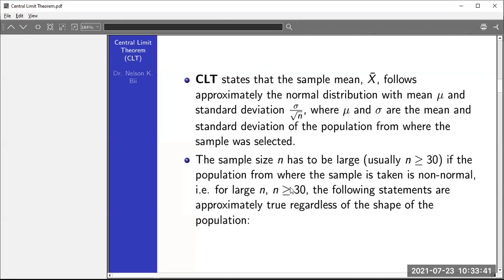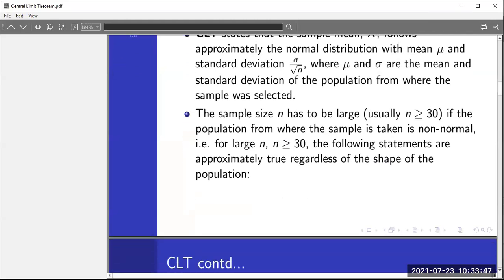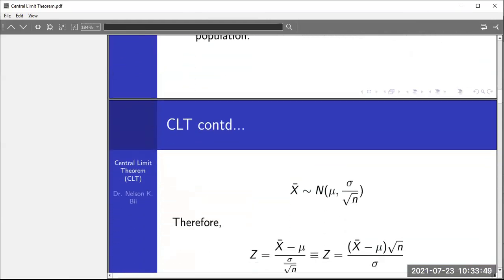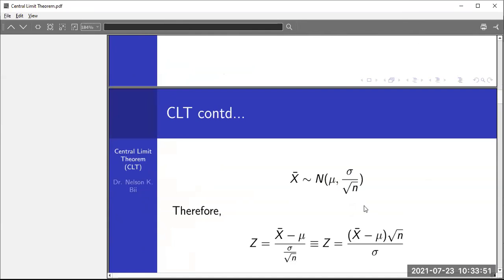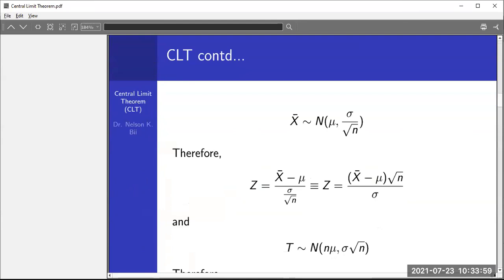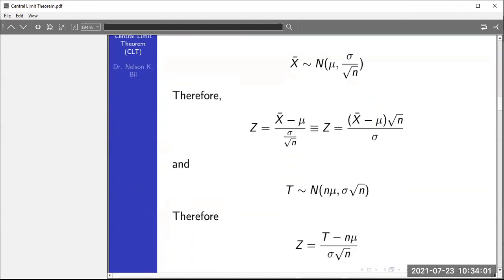So when n is greater than or equal to 30, then the following statements are approximately correct, regardless of the shape of the population. Number one, x bar, the sample mean, approximately follows a normal distribution with mean mu and standard deviation sigma divided by the square root of n.